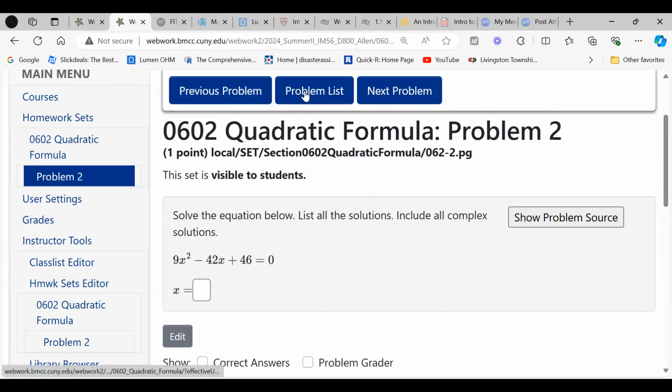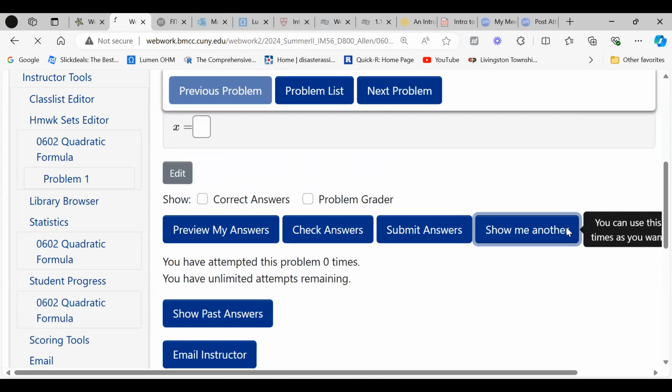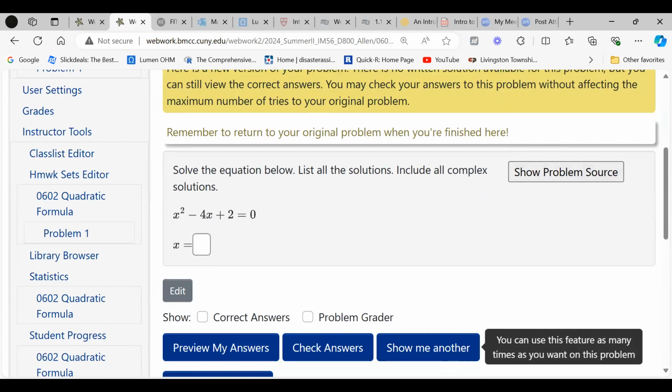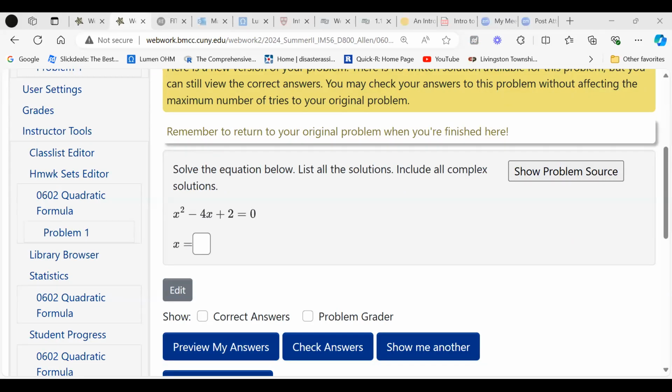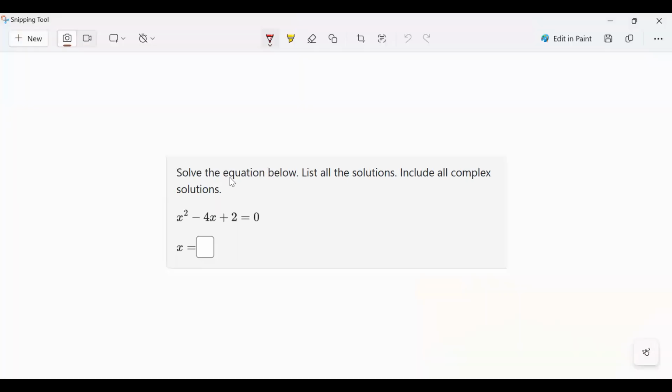Let's try the previous one and show me another. You guys try this one. If you want to use both methods, feel free to do that.